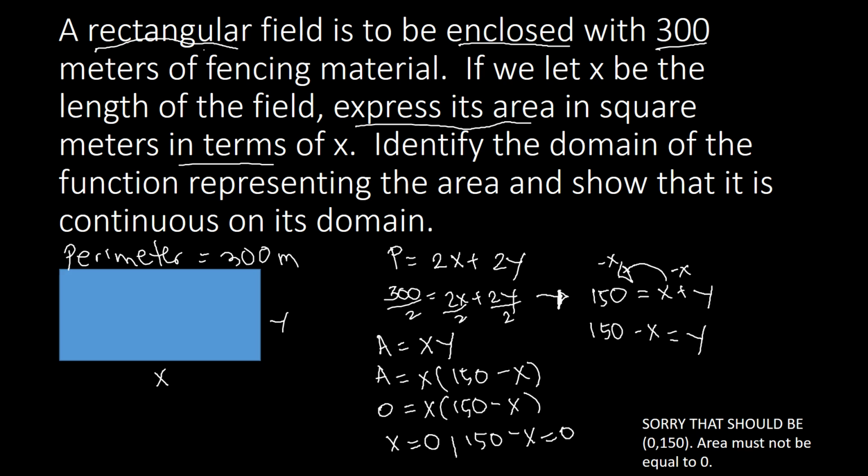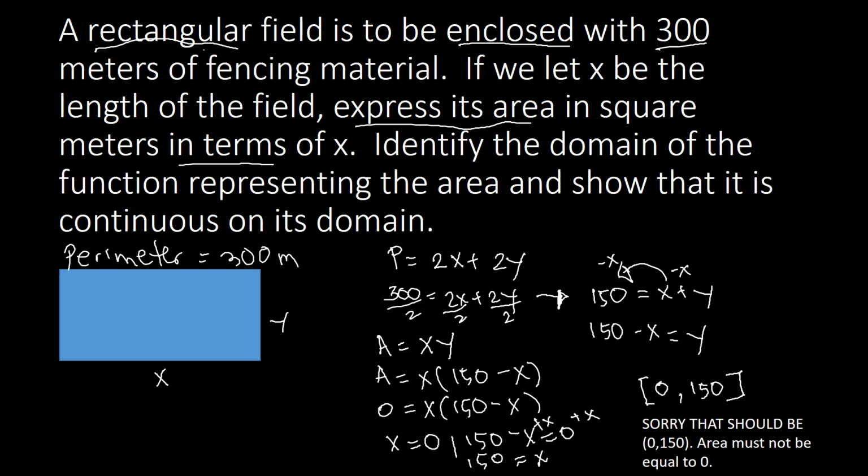For 150 minus x, we add x on both sides, so we have 150 equal to x. So our possible values of x range from 0 up to 150. We may include the 0 and also the 150.